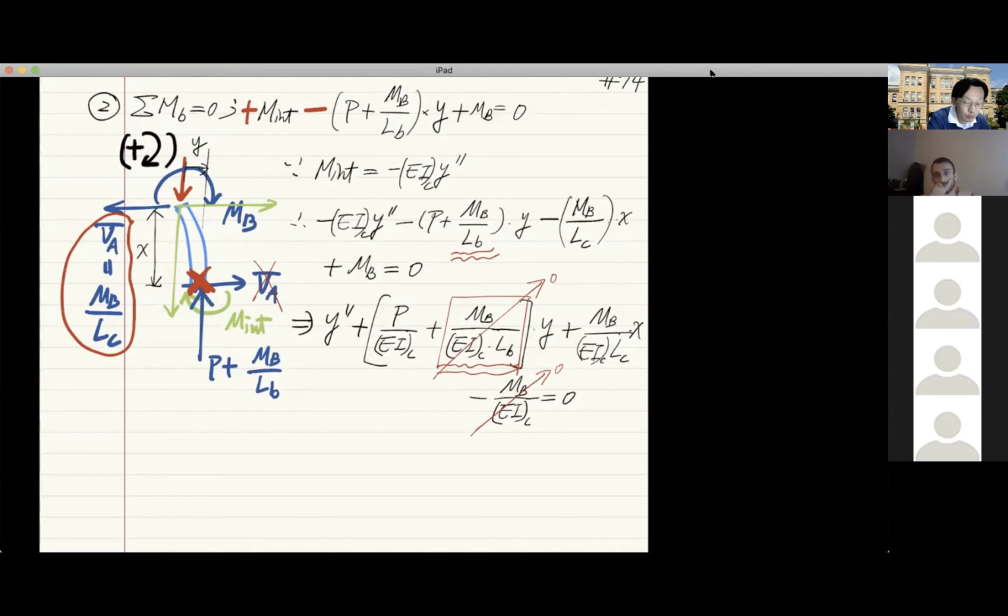If you can ignore the first term, then you can ignore the second term. So by doing so, the governing equation is written as y double prime plus, here we're going to call it kc square times y.